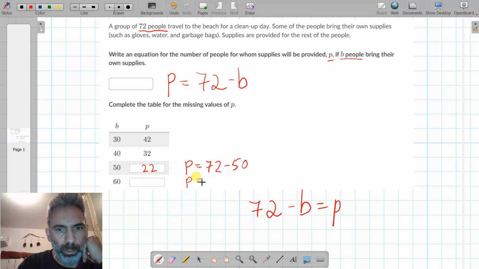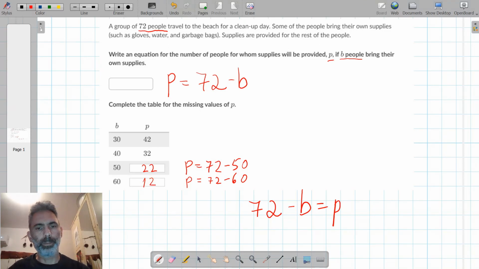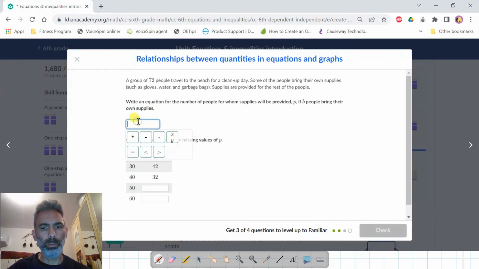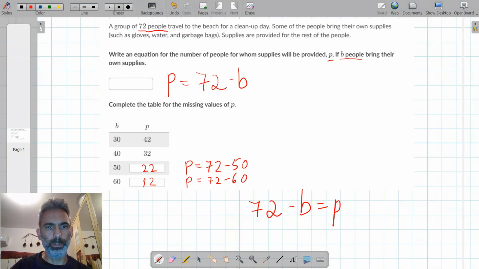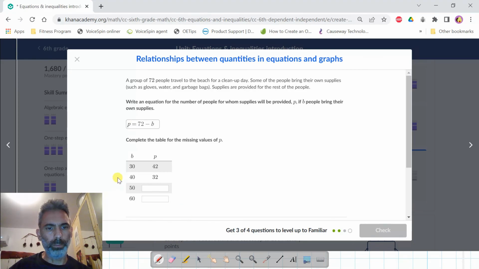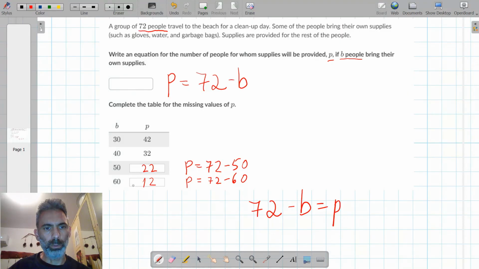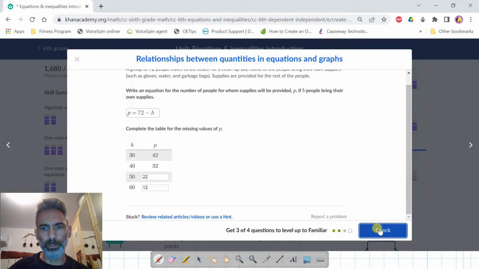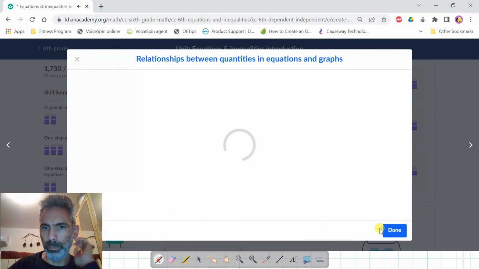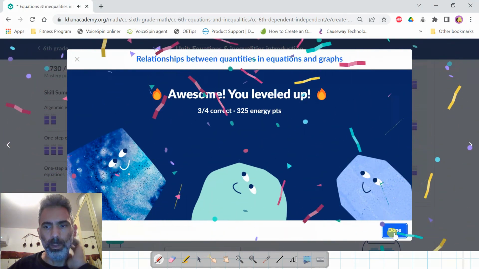And here, P equals 72 minus 60, which means that P equals 12. Okay, so the equation is P equals 72 minus B. And for B equals 50, the value of P is 22. And for B equals 60, the value of P is 12. Okay.